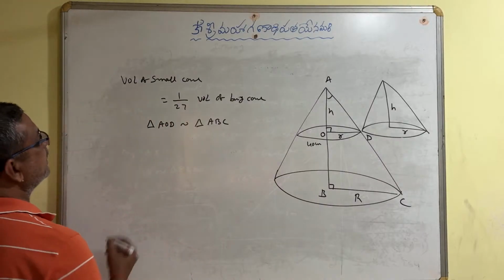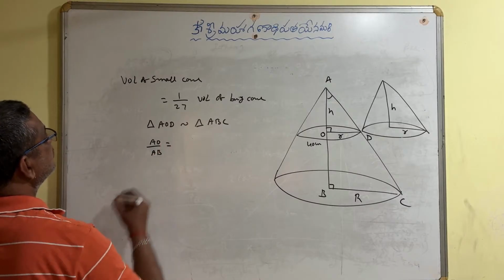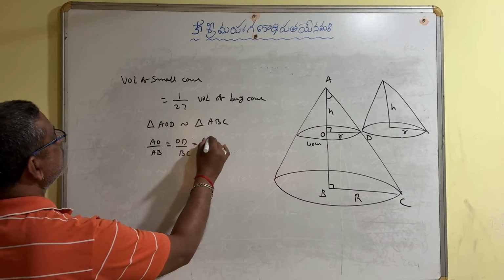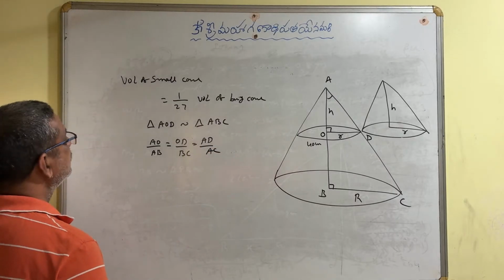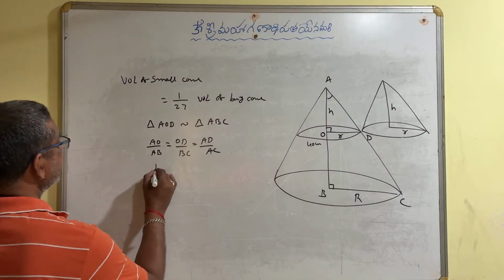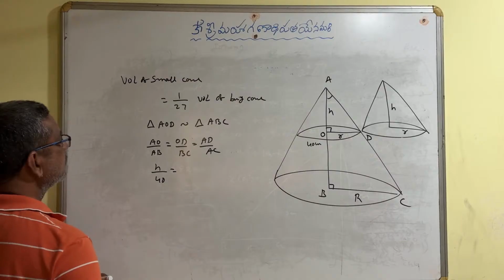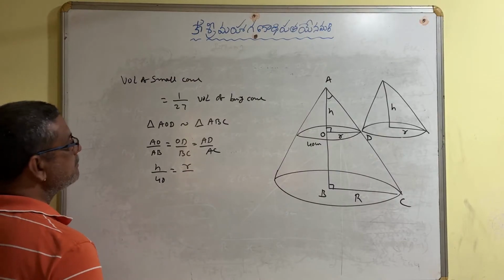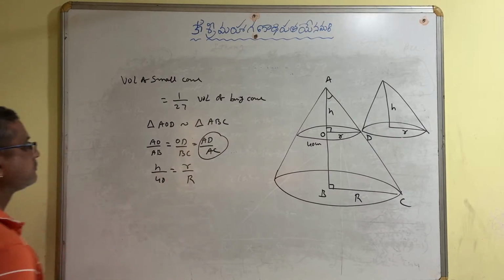By AA similarity, AO by AB is equal to OD by BC is equal to AD by AC, since they are similar. Now AO, that is H, by AB 40 is equal to OD, small r, by BC, capital R, and we don't want this one.